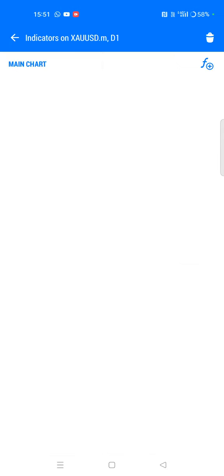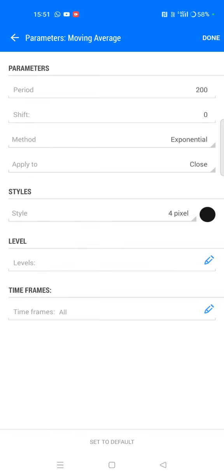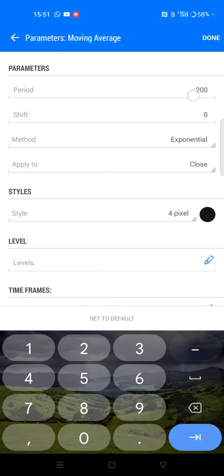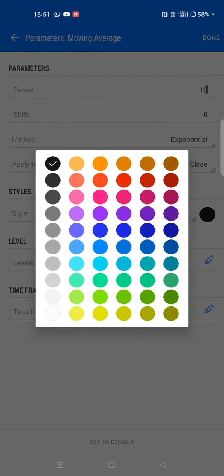Number one, let's add the moving average. The first moving average that is going to be installed is 13, shift 0, exponential, apply to close, color any choice that you want.